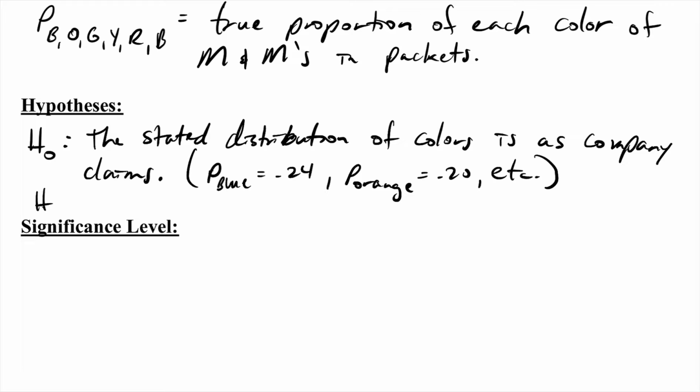So what would our alternative hypothesis say? Exactly. It's not as the company claims. So it'd be the same thing: the stated distribution of colors is not as the company claims. That's all we put.